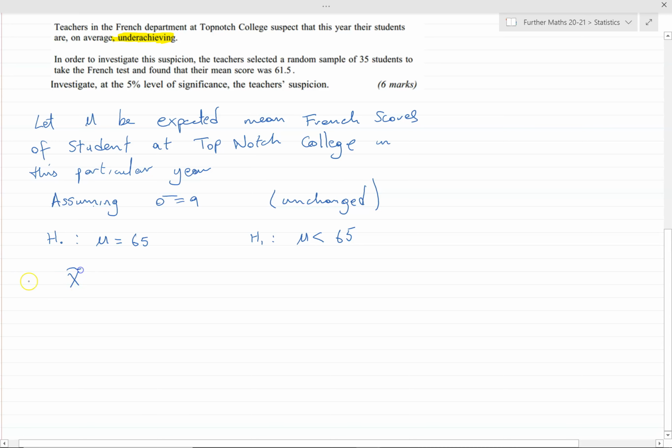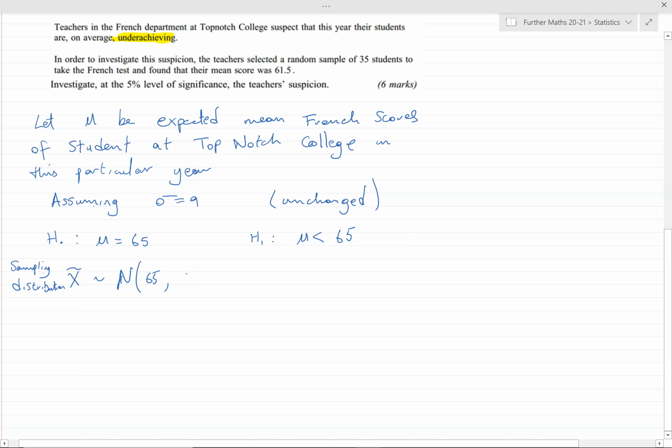For all of them, the sampling distribution, assuming the mean is the same as it was before, is going to be normally distributed with mean 65, and standard deviation, or standard error, or let's write the variance down here.